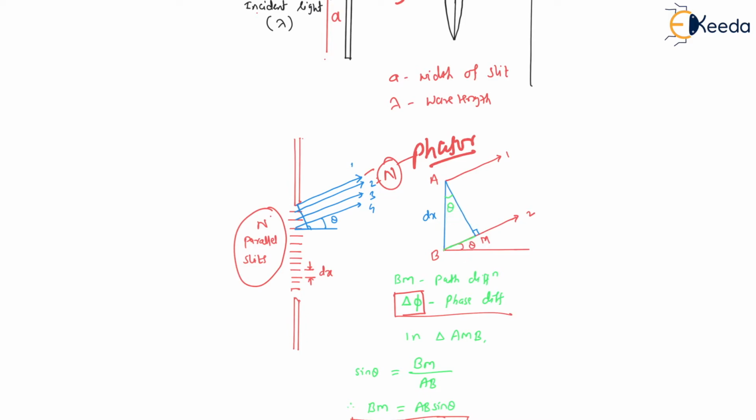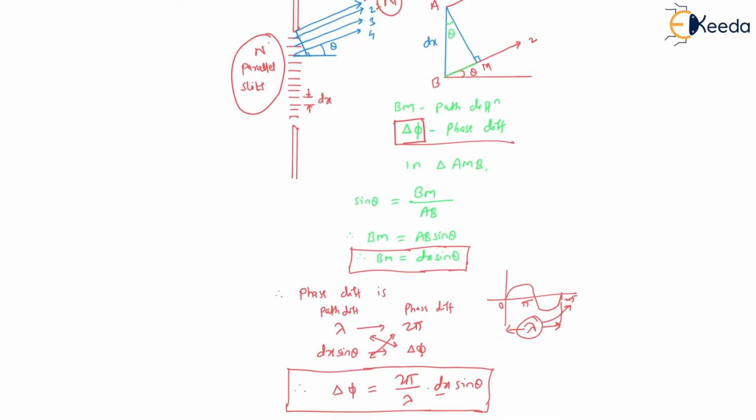And again, here I have written that in triangle AMB, sine theta will be equal to BM upon AB. So the equation is sine theta equals BM upon AB, that is BM equals AB sine theta, or dx sine theta.